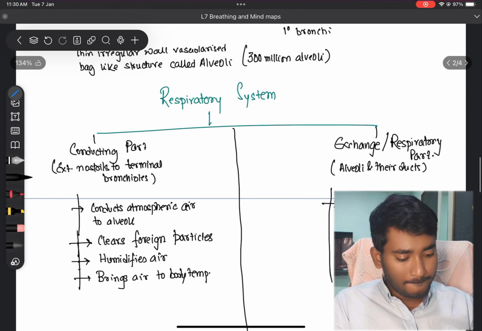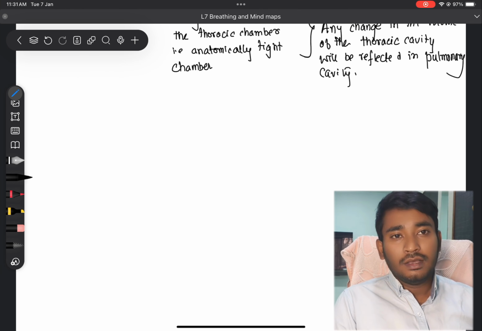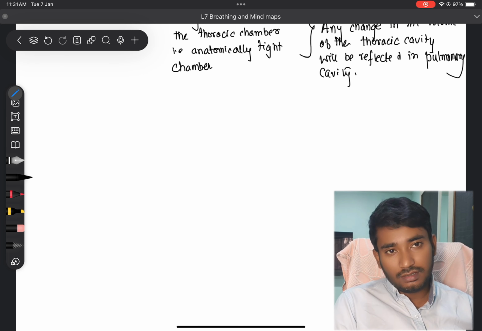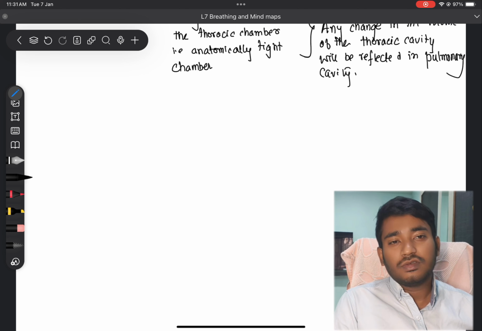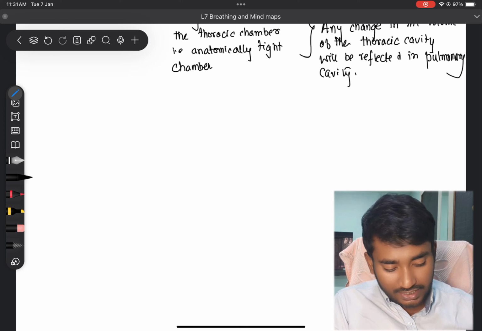In the lecture I have already said why a change in volume can affect the change in pressure of the thoracic pulmonary cavity. I have explained all those things in my lectures.